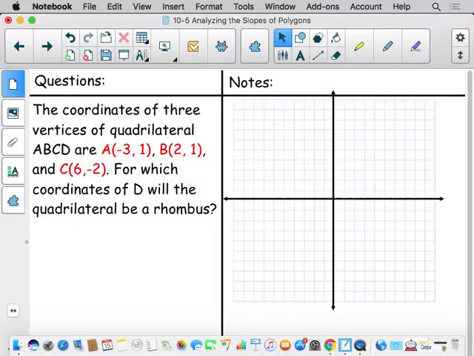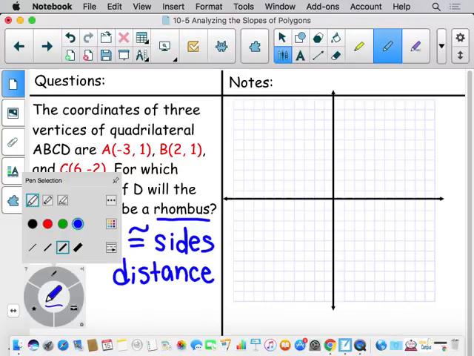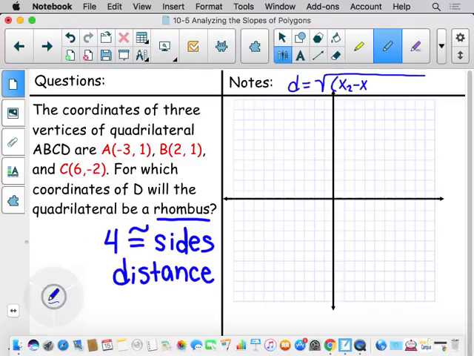All right, this is a trickier problem right here because a rhombus has 4 congruent sides. So that means that we have to make sure that they are the same distance away from each other. So we're going to need the distance formula. The distance formula you can use looks like this, big square root, or you could use the Pythagorean theorem instead, and the Pythagorean theorem is a squared plus b squared equals c squared.